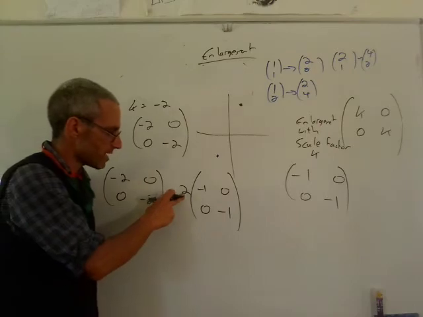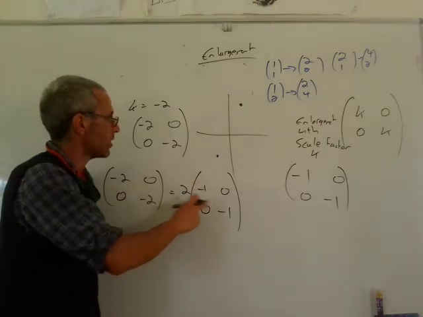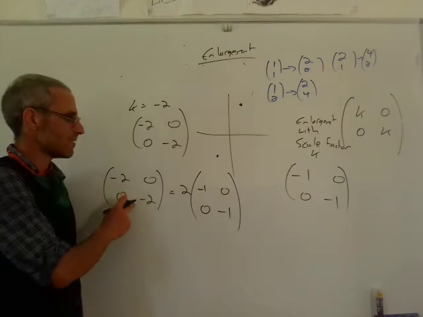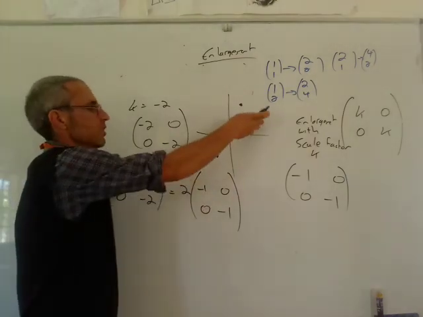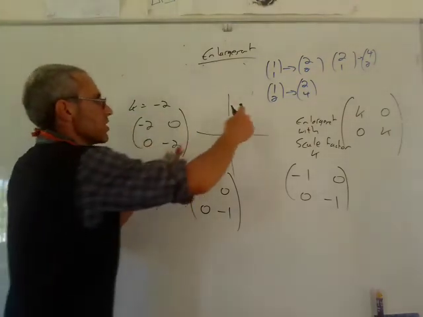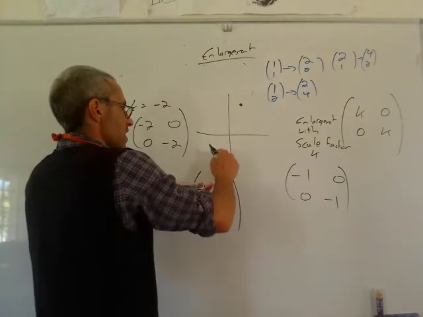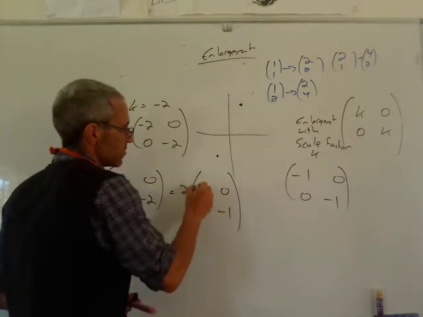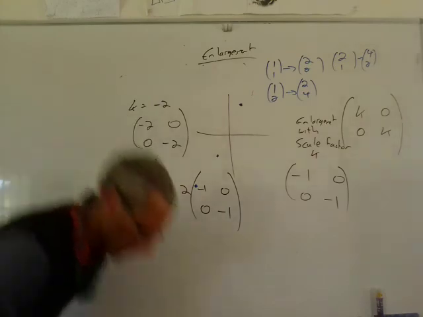If I have a scalar like the number 2 times a matrix, I'm basically multiplying each one of the elements. So if it's negative, it's going to do two things. First of all, it's going to rotate 180 degrees and it's going to enlarge it. So it's going to take this number, flip it to the other side, and then send it double the distance. So we'll get to somewhere here.